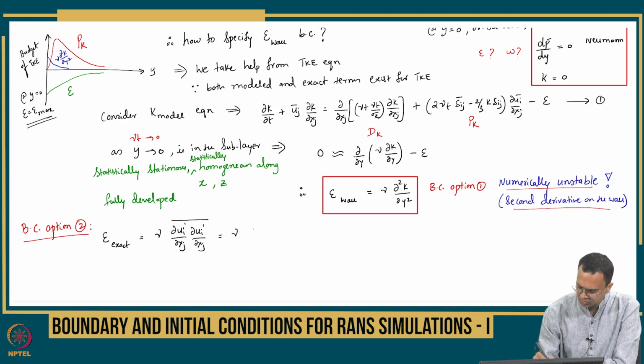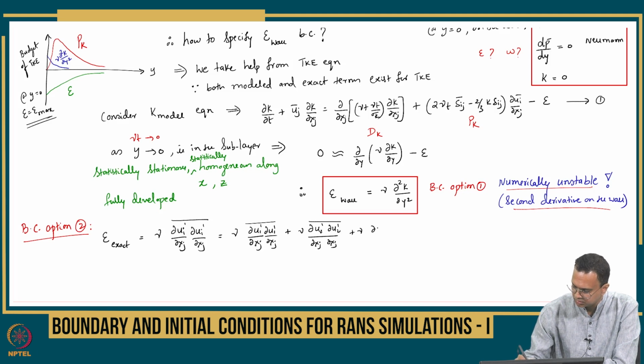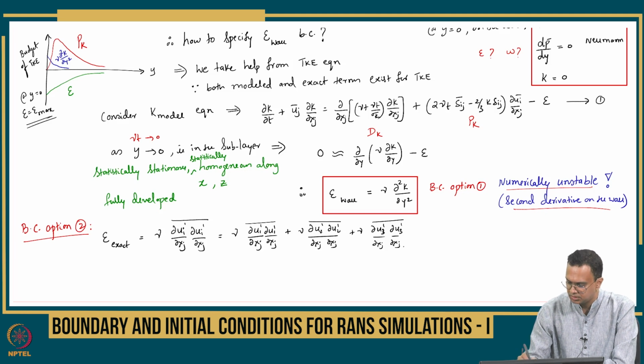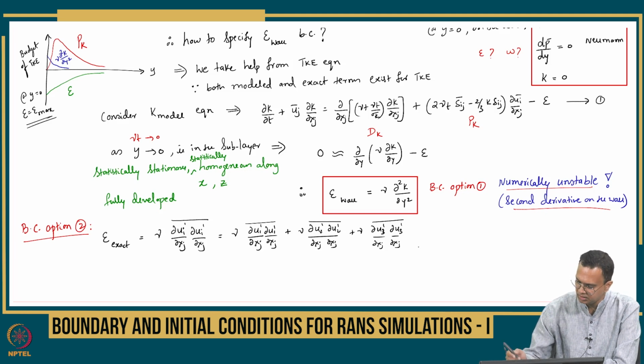So I get nu ∂u1'/∂xj ∂u1'/∂xj plus nu ∂u2'/∂xj plus nu ∂u3'/∂xj, and then j is also repeated, so Einstein summation again.